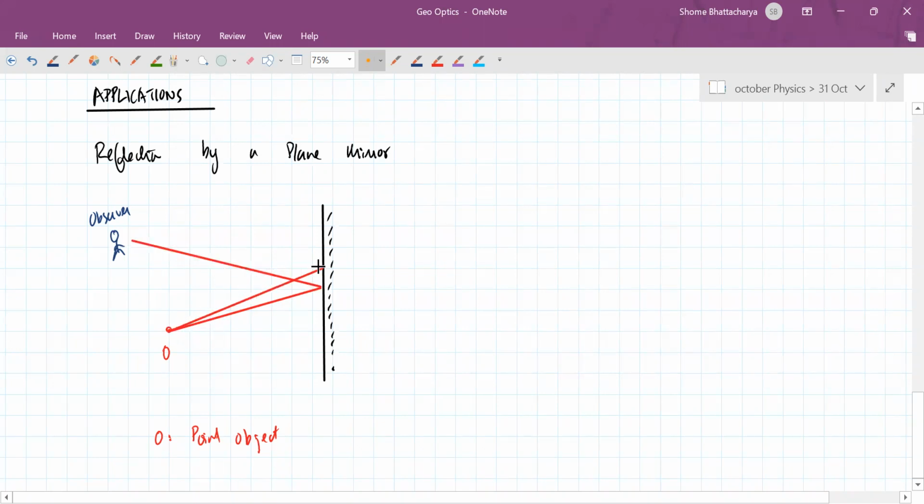Draw a series of rays, for example. So rays which are incident like this suffer reflection in such a way that angle of incidence is equal to angle of reflection.